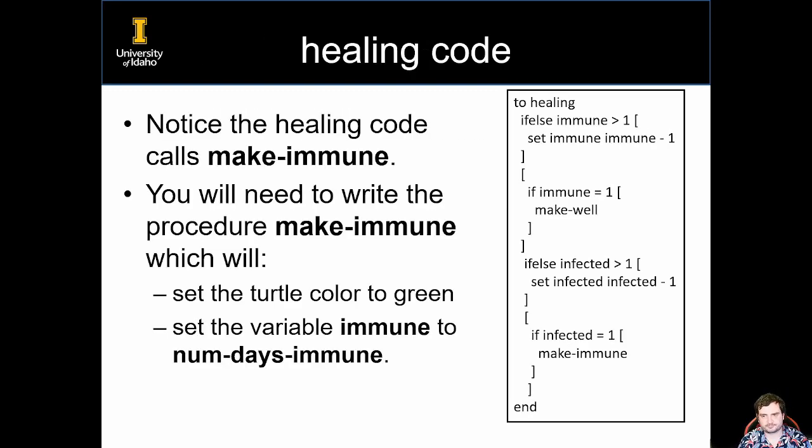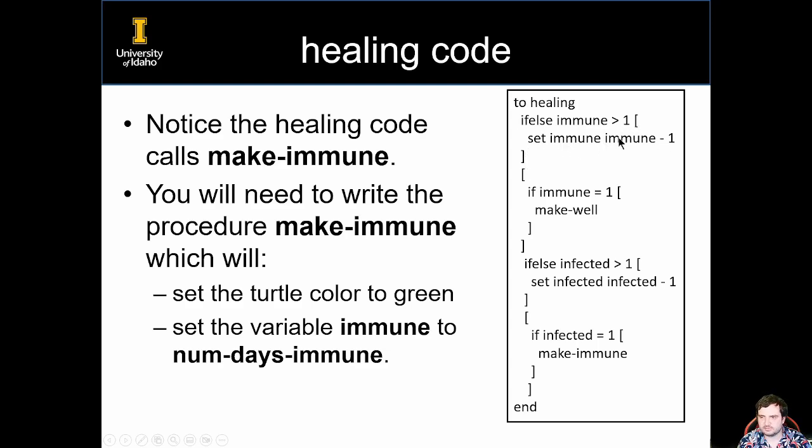All right. So this is going to be our healing code. To healing, we're going to do an if-else statement where we're checking if our immunity is greater than 1. If it is, we're going to reduce our immunity by 1.